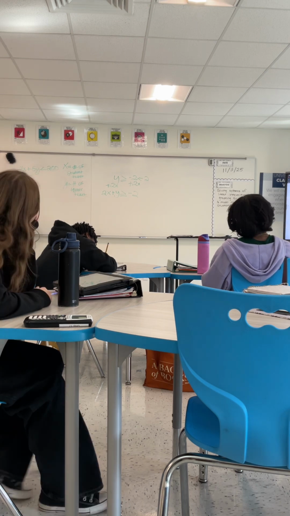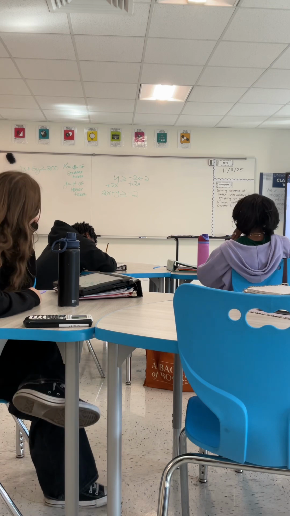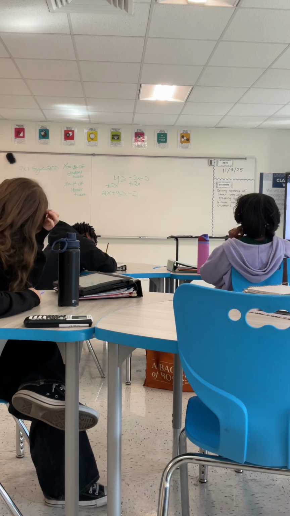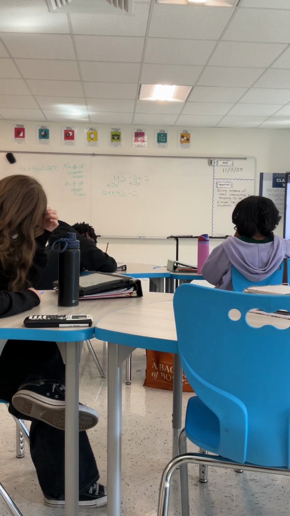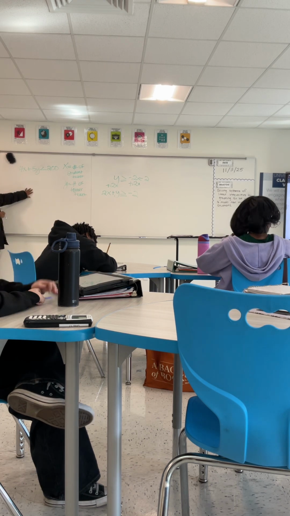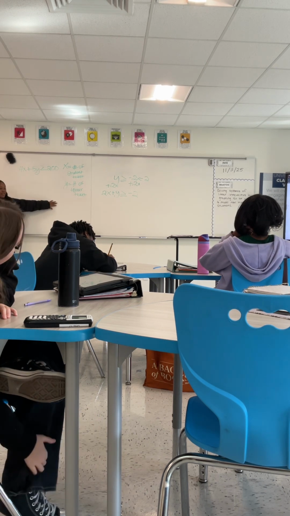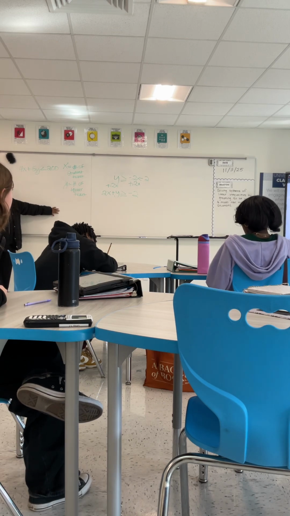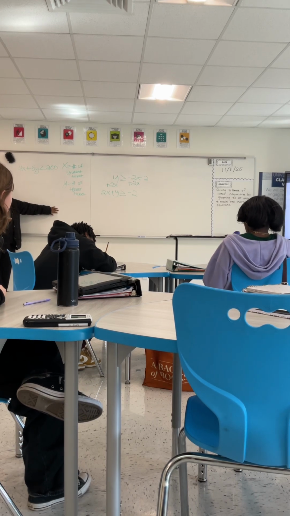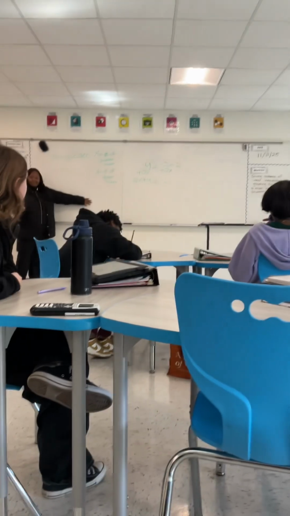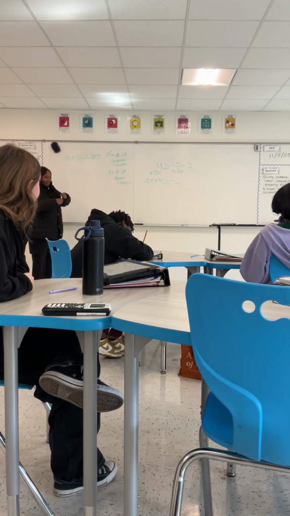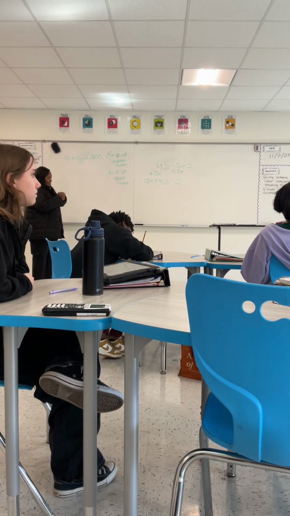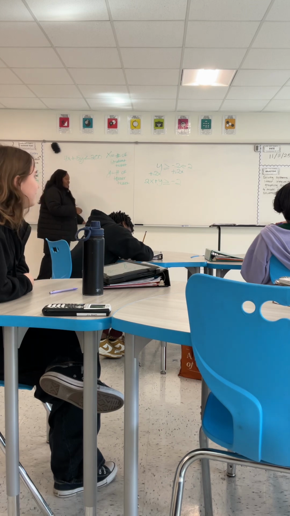Good job. It is not equal to 200 people, it has to be under. So our inequality will be 4x plus 5y is less than 200. Any questions on how we got this? Good job.